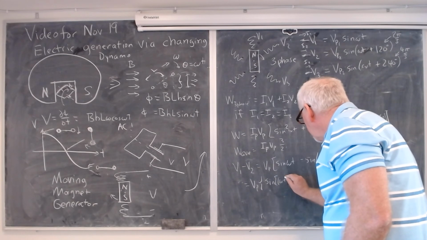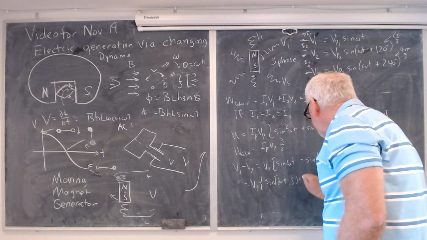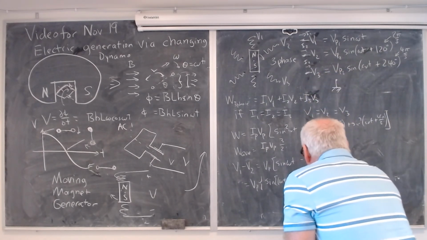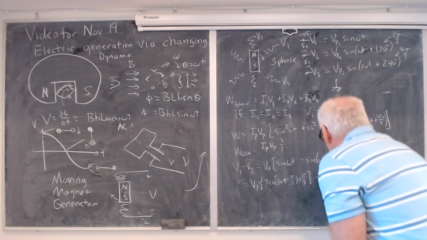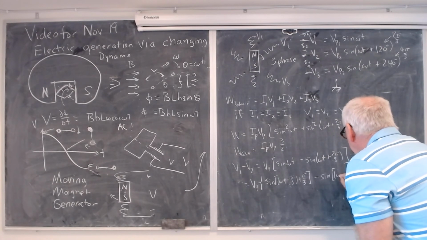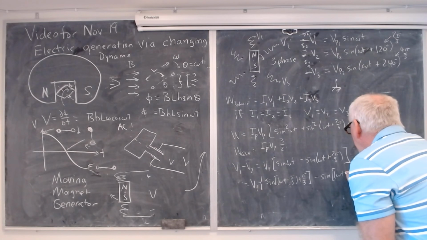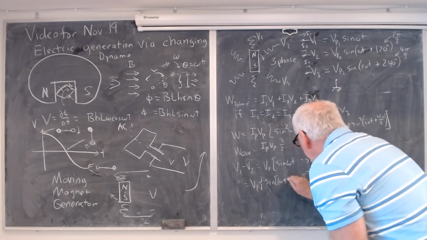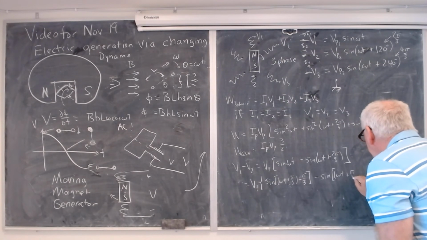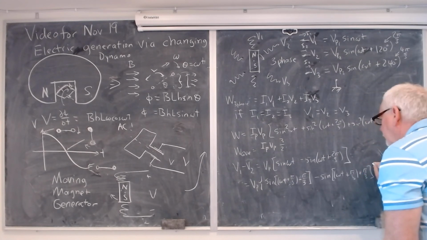Omega t minus pi over 3 plus pi over 3 minus sine of omega t, actually, I do it this way, plus and minus, plus pi over 3 plus pi over 3.